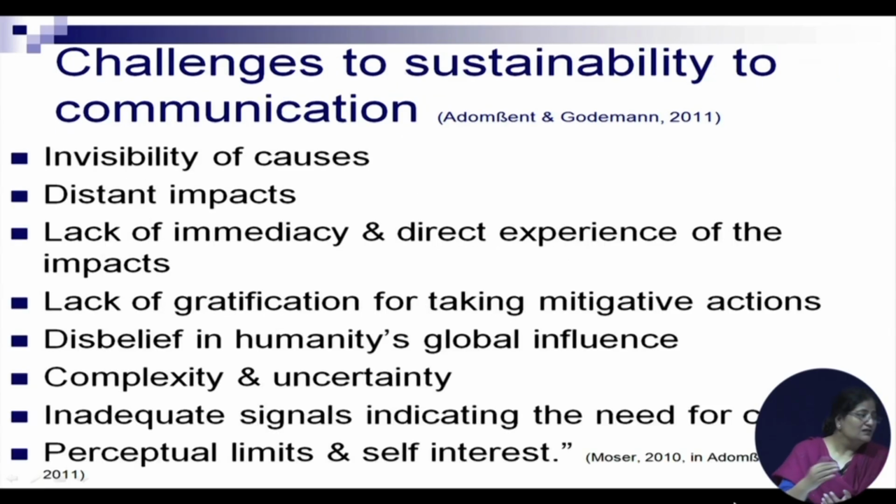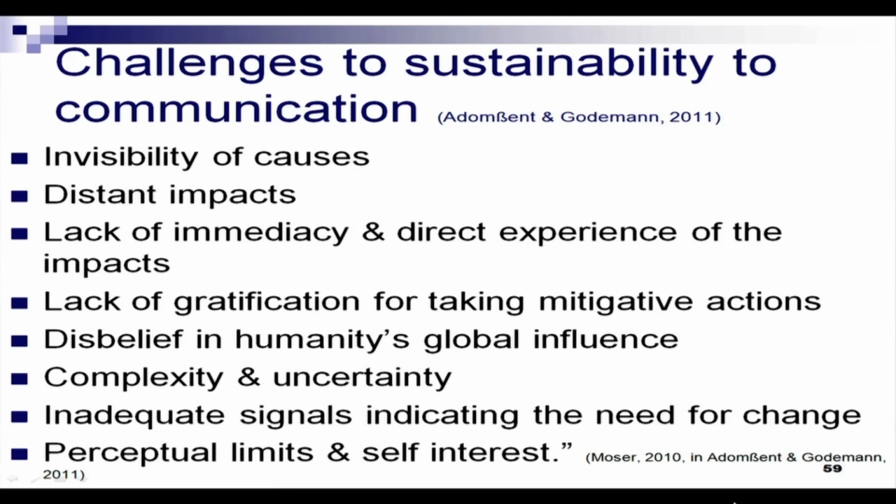Okay. Some challenges to sustainability communication, sorry, it should not be sustainability to communication, it is challenges to sustainability communication. So, this is the invisibility of causes. We don't know what is causing the problems we have.